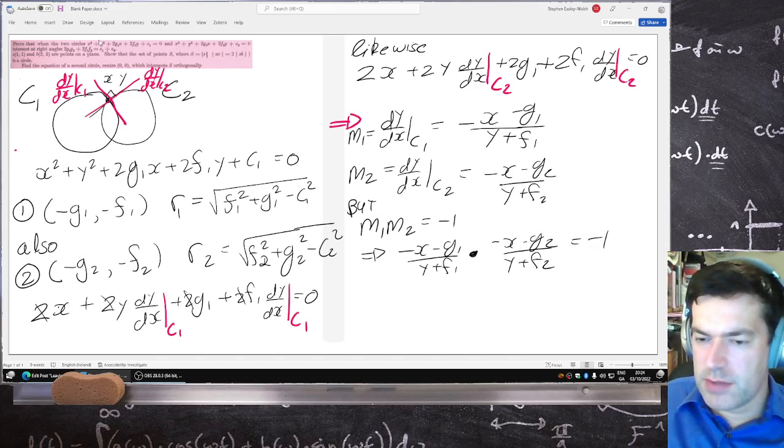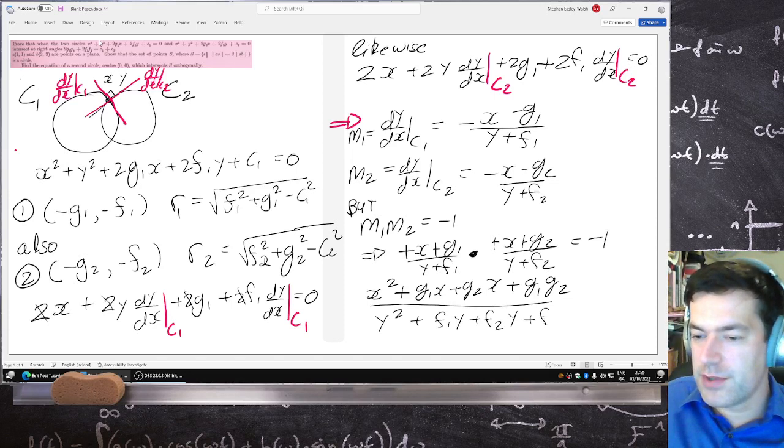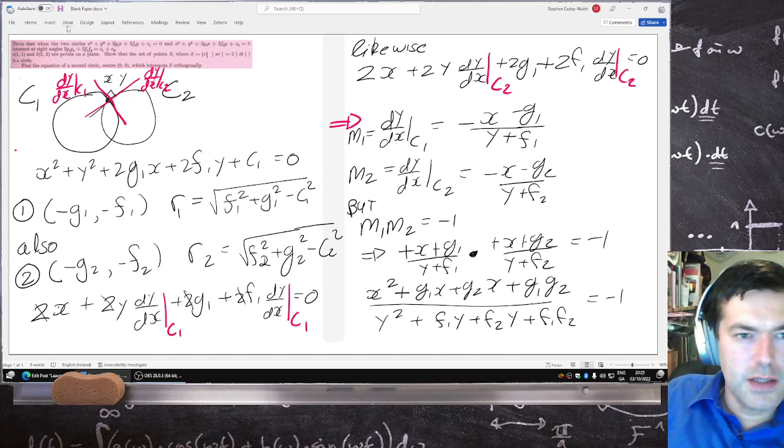So if I multiply that out, all the minuses cancel here. So I'll get x squared plus g1x plus g2x plus g1g2, over y squared plus f1y plus f2y plus f1f2. That should equal minus 1. I'm getting closer. I'll just need to make a bit more space.